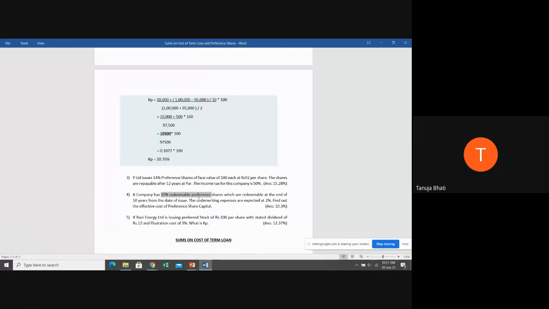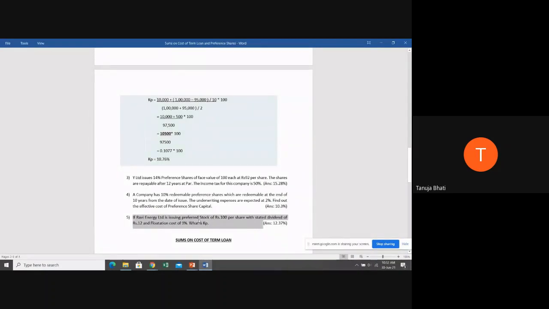Now what is N going to be? 10 years. Okay, so we found the values for all the terms. You have to just substitute those figures in the formula and you'll get the answer.